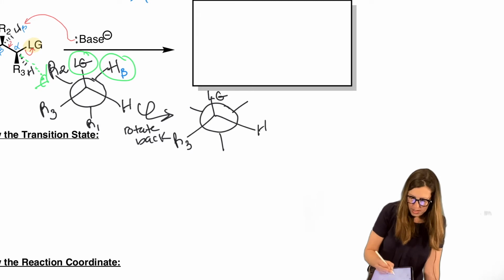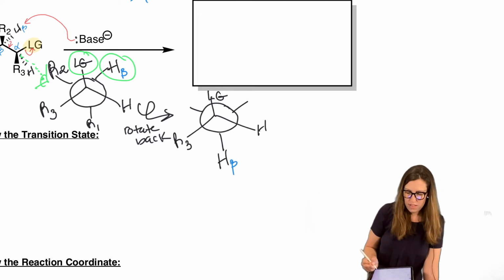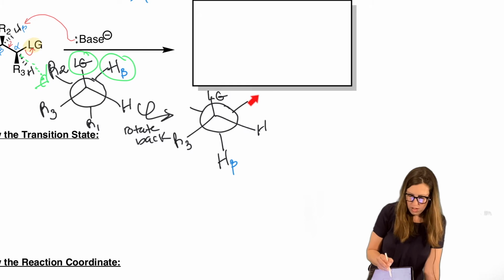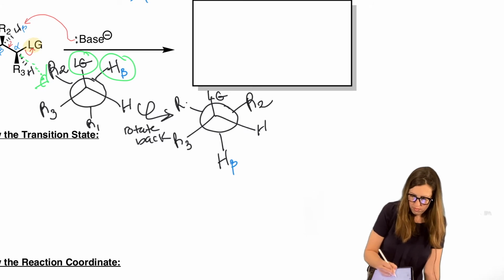I'm going to rotate the back until I get that beta H down here. Now let's think about how we had to do that. That means this came down, R2 came over to this side, so I need to put R2 there, which leaves R1 for that side. So R2 goes there. There's my leaving group and my beta H. Now they are anti.